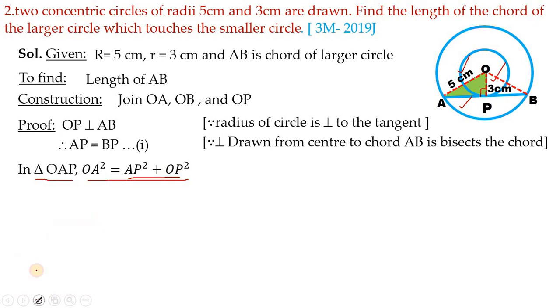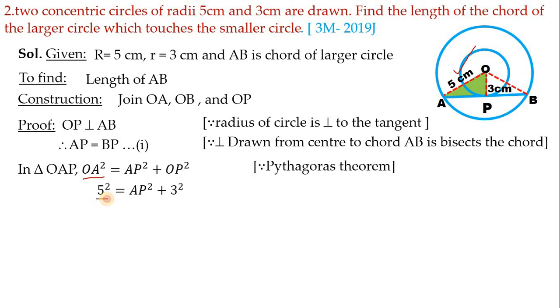Next, let me substitute the values, children. OA, look at the figure. OA is the radius of the larger circle. Hence, OA value is 5 cm, so 5 square. AP value we don't know, let it be AP square itself. OP, look at the figure. OP is the radius of the smaller circle. Hence, we can write it as 3 square. Now, let me simplify. 5 square means 25. 3 square means 9.